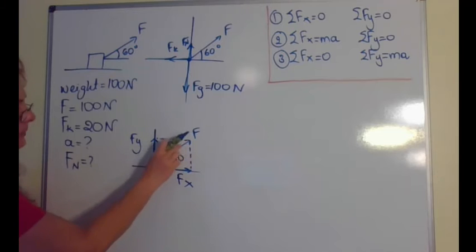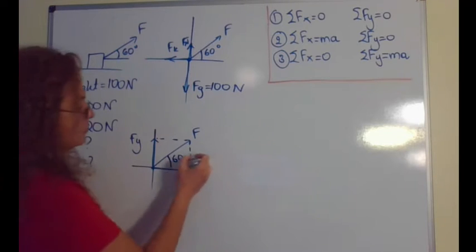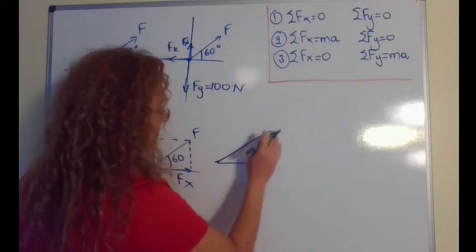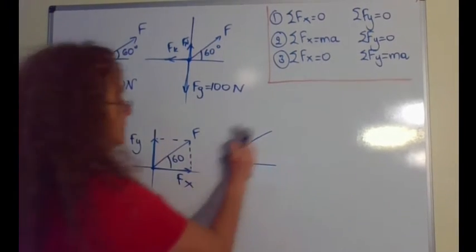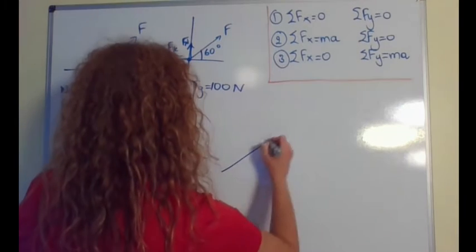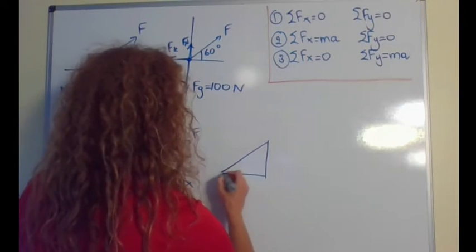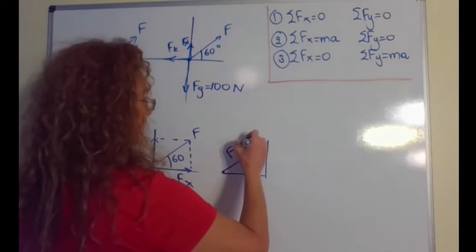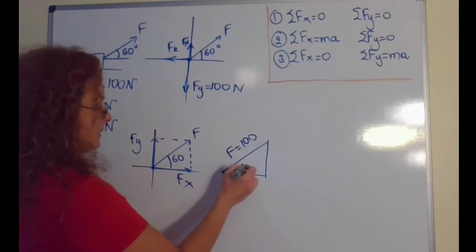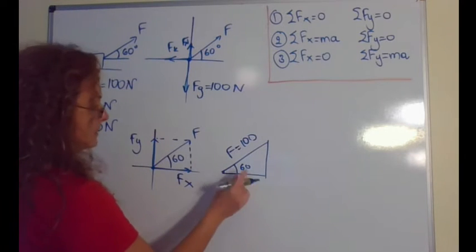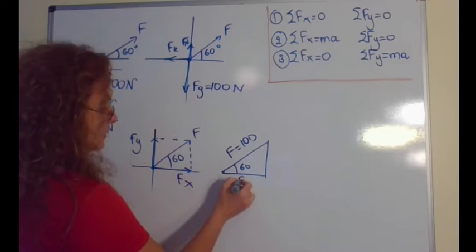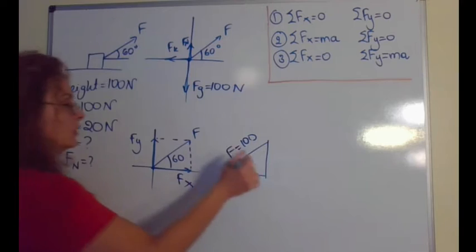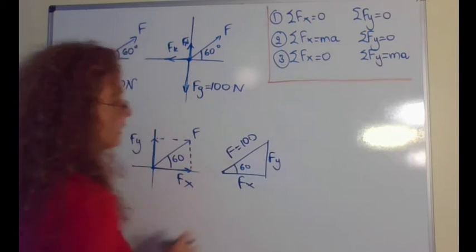To do so, let's remember that this is a right triangle. So if I redo this triangle, the hypotenuse is the F, which is 100. I do know the angle of 60. One leg is the horizontal component, and the other is the y component.